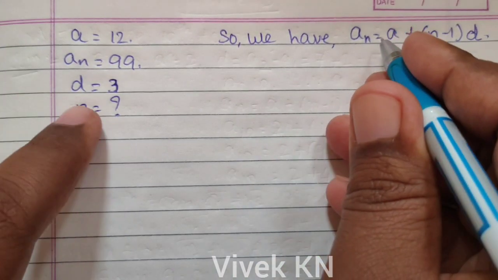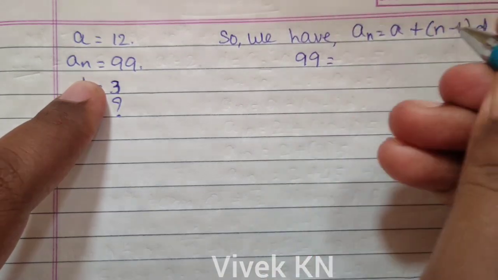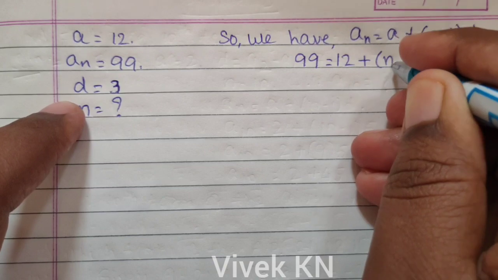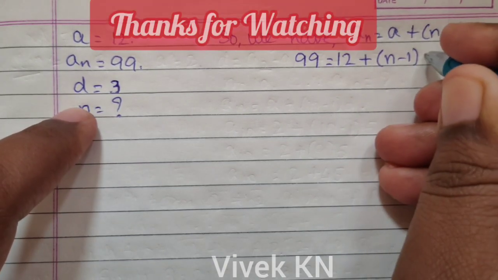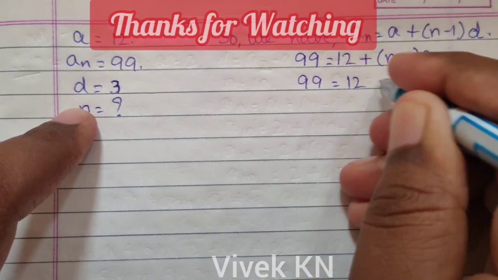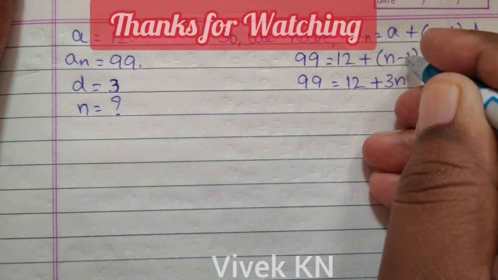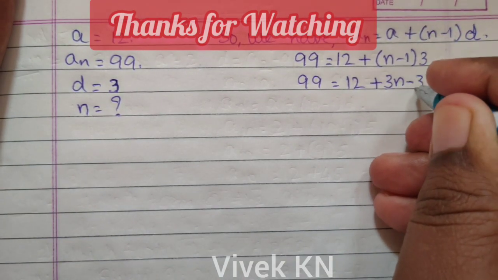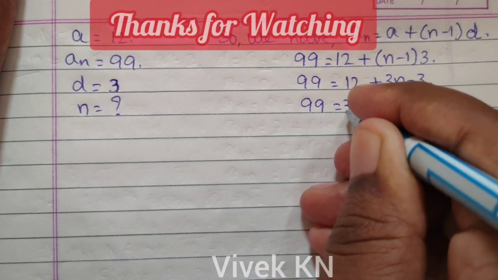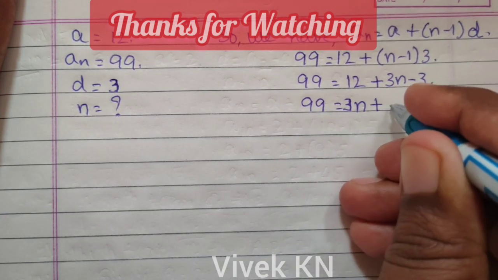Now the value of an is, last term is 99, is equal to, value of a is 12 plus n minus 1 into value of d is 3. 99 is equal to 12 plus 3n, minus 3. 99 is equal to 3n plus 12 minus 3, we get plus 9.